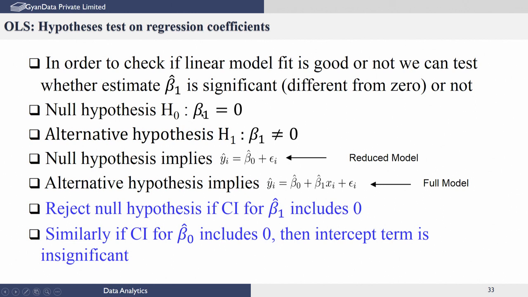That is what we are doing when we test this hypothesis beta 1 equal to 0 versus beta 1 not equal to 0. Remember, beta 1 can be either positive or negative, and that is why we are doing a two sided test. We can do it two ways. We can decide based on whether the confidence interval for beta 1 includes 0.